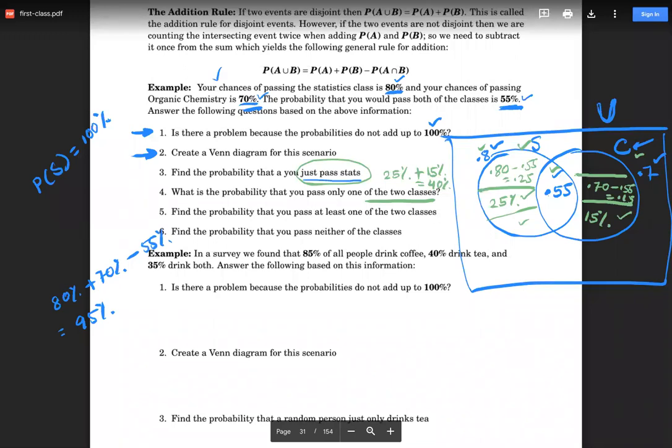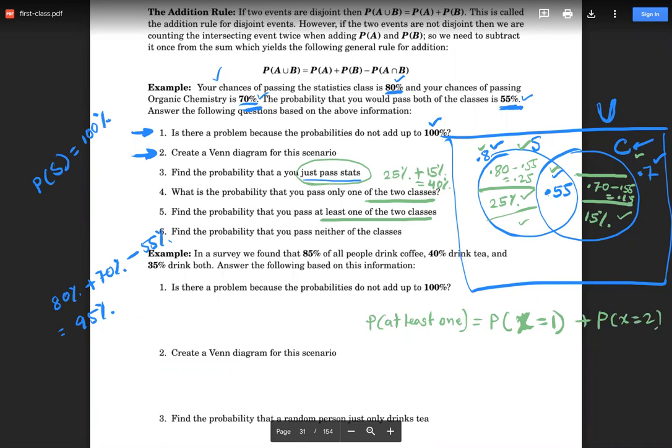Find the probability that you pass at least one of the two classes. So that's kind of tricky. At least one of the two classes. At least one means the probability that you pass one class, or, now I'm going to start using the variable, the probability that X is equal to 1, where X is the random variable, plus the probability that X is equal to 2.